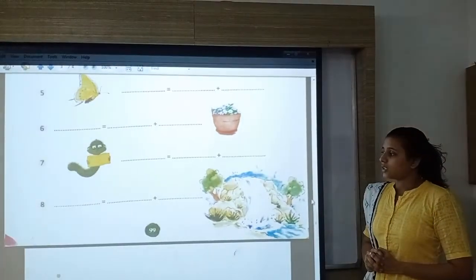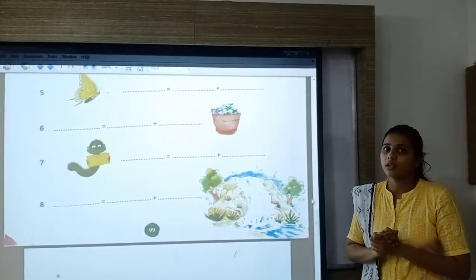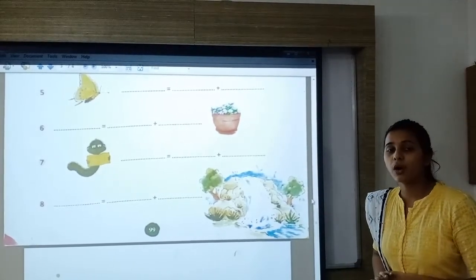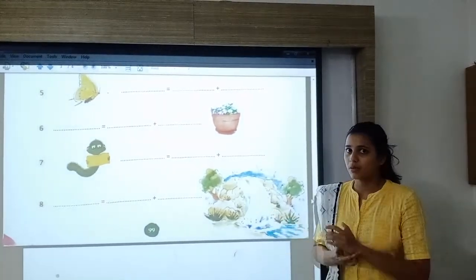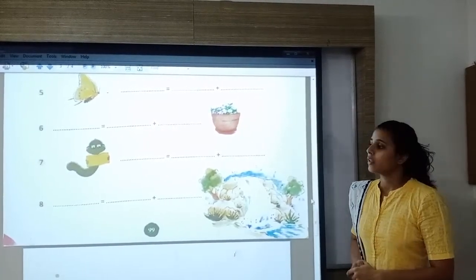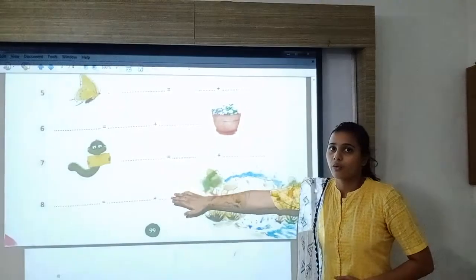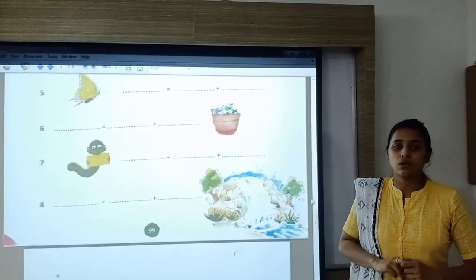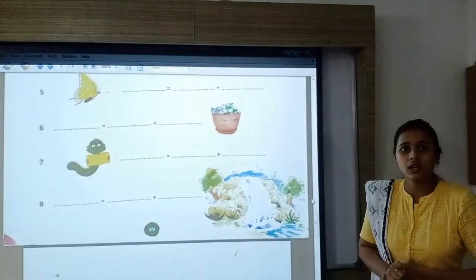The last one is waterfall. Now waterfall is also a compound word which is made up of water, that means pani, and fall, that is to come down, girna. So by adding water and fall, a new word comes into existence that is known as waterfall, that is jharna.